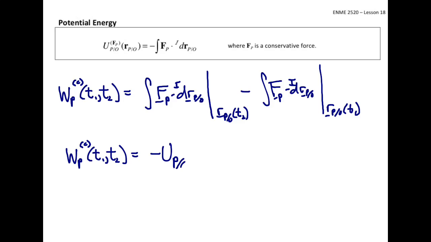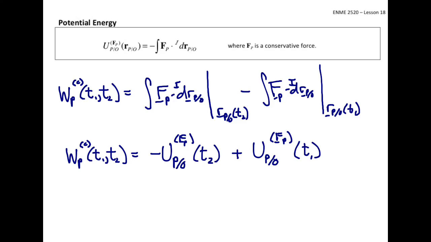It's U of P with respect to O, due to these conservative forces, evaluated at time 2. And then we get a minus the potential energy at time 1. So when we insert this, it's plus U of P with respect to O, due to the conservative forces F_P, evaluated at time 1.